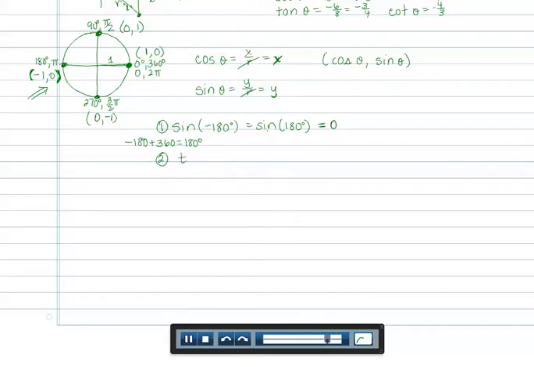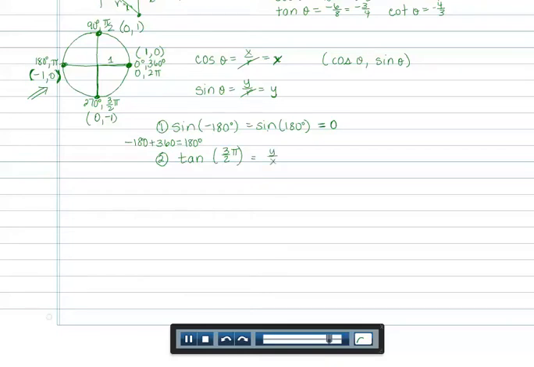Number 2. Let's say they want the tangent of 3/2 pi. Well, 3/2 pi happens to be the 270 degree angle. The tangent is defined as y over x.